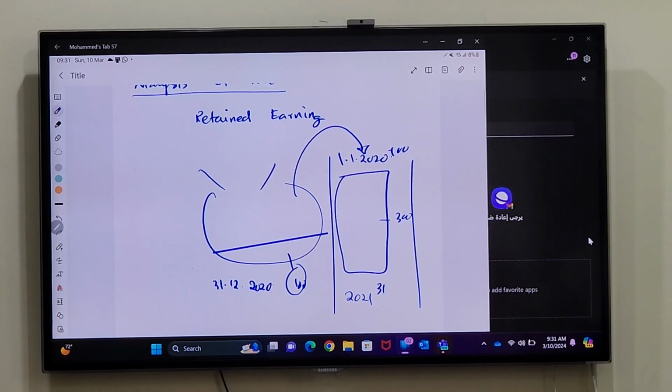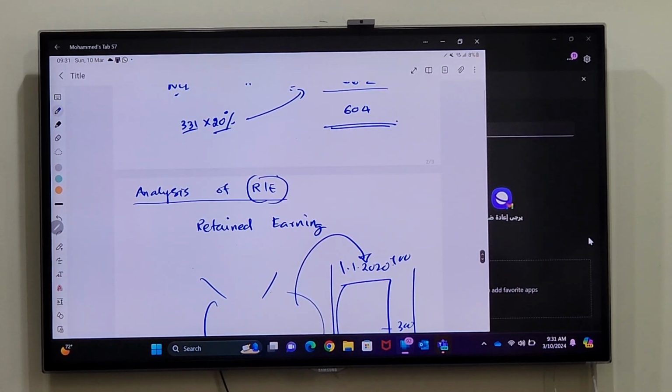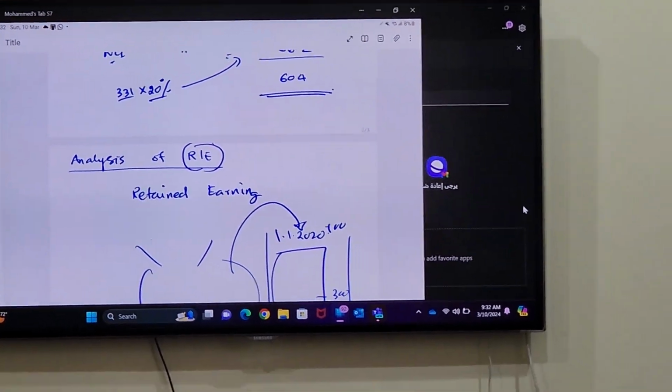So on 31st December 2021, what will be my retained earnings? 400. This is the point I wanted to talk about: the accumulated profit each year. It's called retained earnings. At the end of any given year, what is the total profit that we have? Accumulated each year.